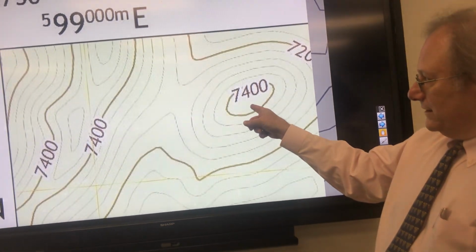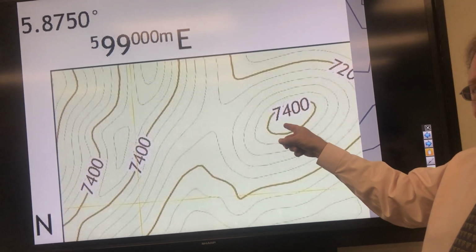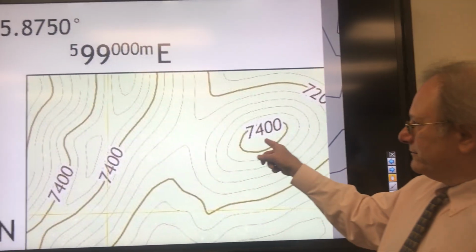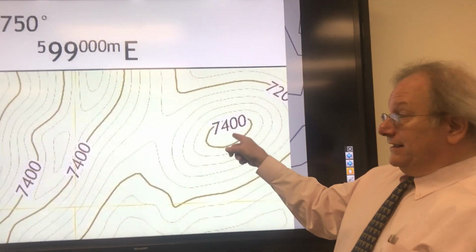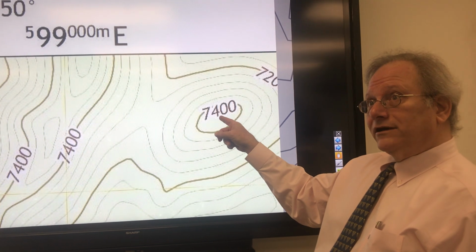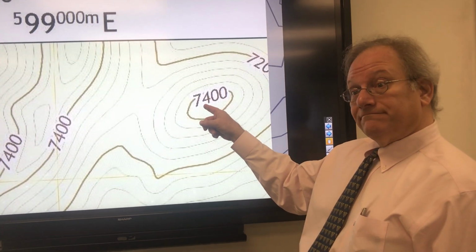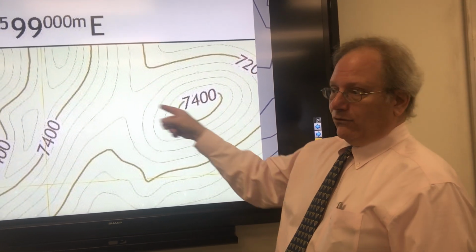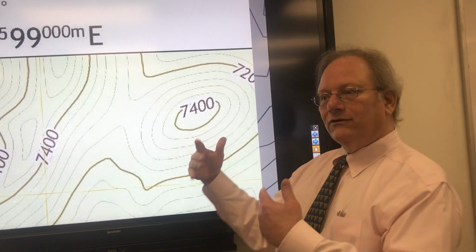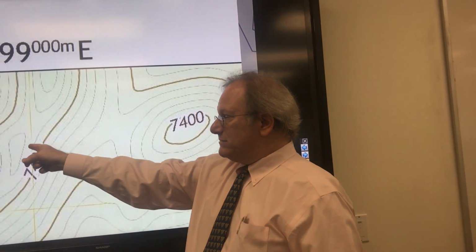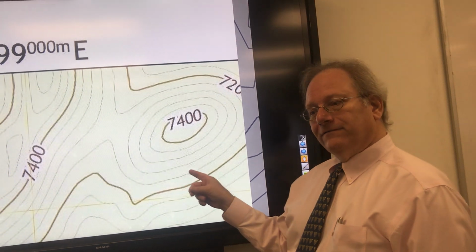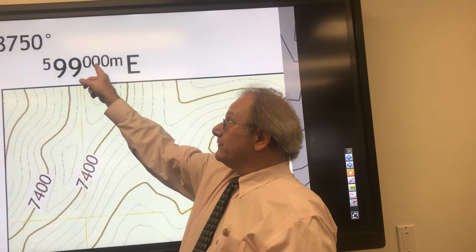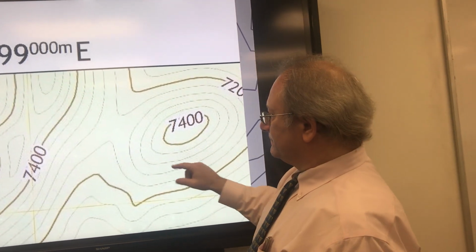If we can measure a certain number of meters east of that line, let's say this is 400 meters, then the easting of that point will be 599,400 meters. It's 599,000 plus 400, or 350, or 560, or whatever the distance in meters from the line to the point is. That will be added to this number, and it will replace those 3 zeros.